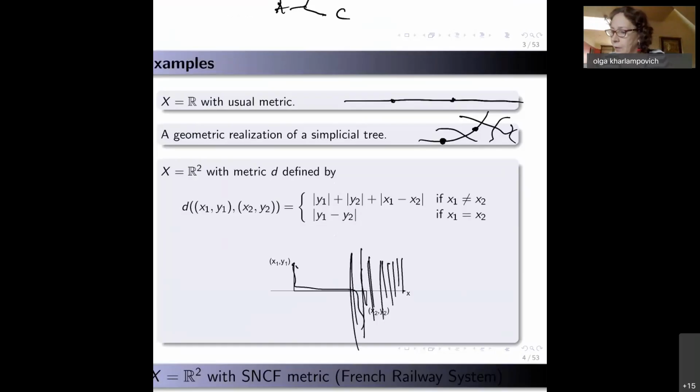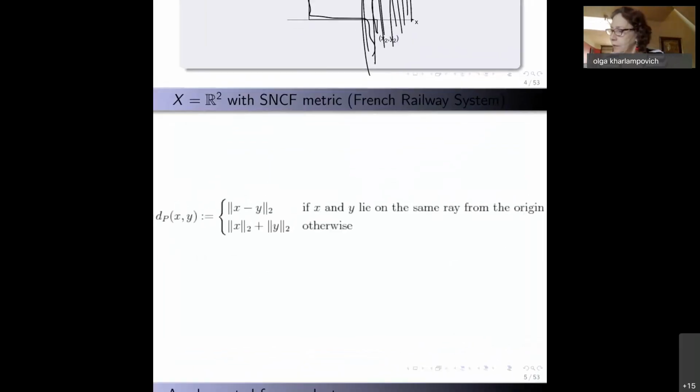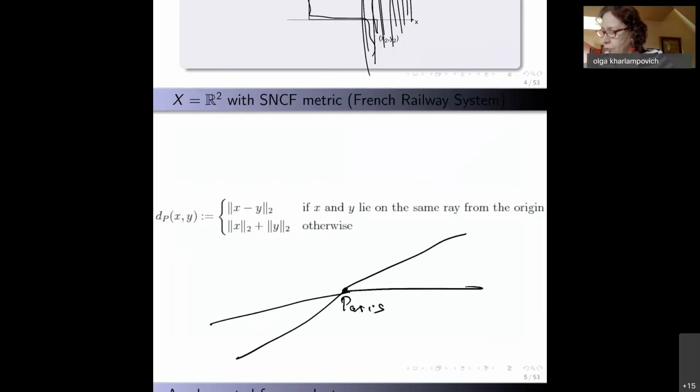Another example is again a plane, with what is called the French railway system metric. You can think about how the distance is defined. There is a Paris in the middle, and the railway system has rays going from Paris.